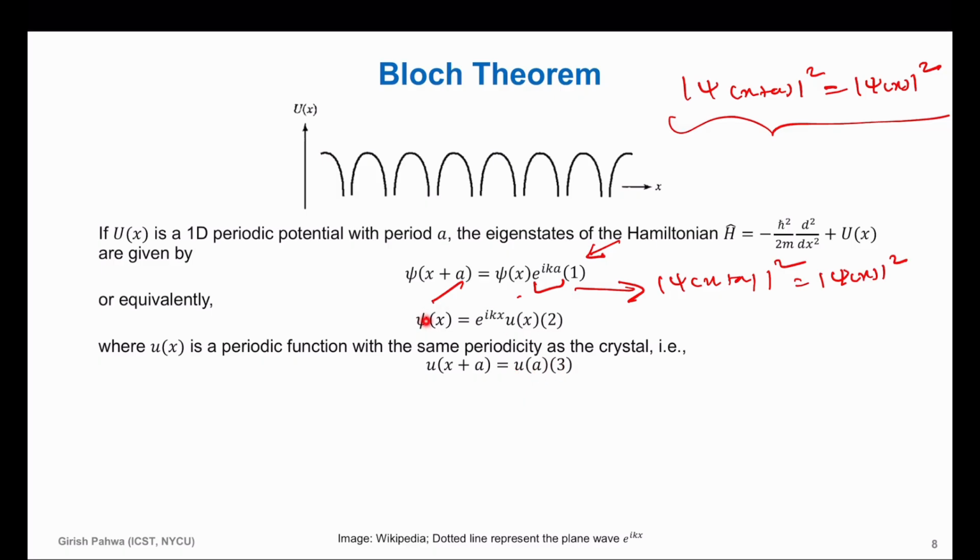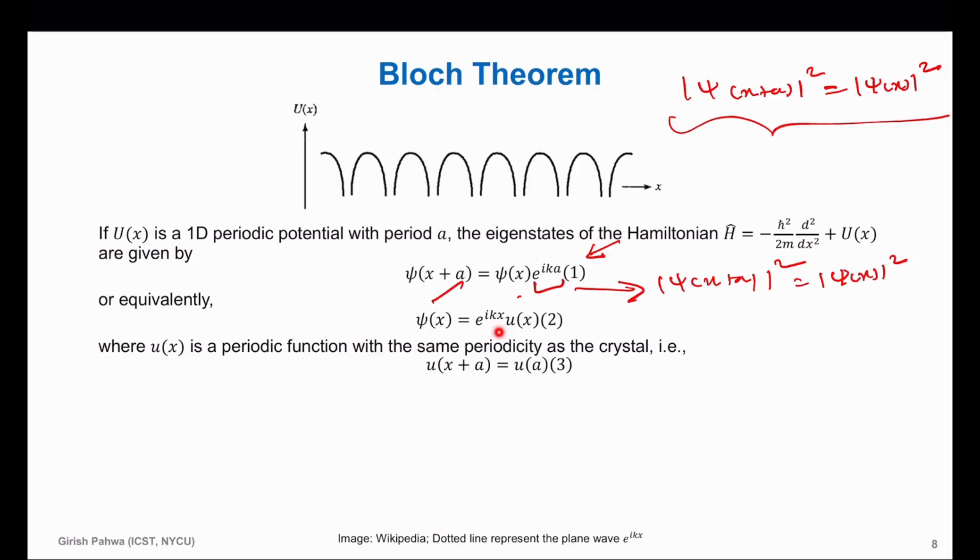Okay, so if you look at definition 2, the wave function, the eigenstate is going to be e to the power iota kx. What is e to the power iota kx the eigenstate of? In a free particle case, what was the eigenfunction? E to the power iota kx. Right, so this represents a plane wave.